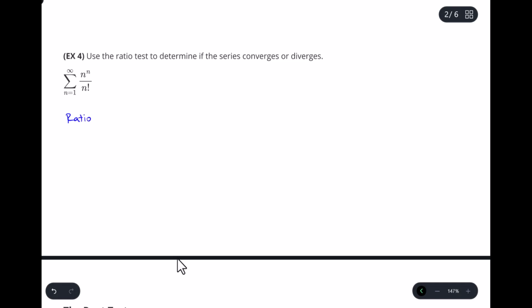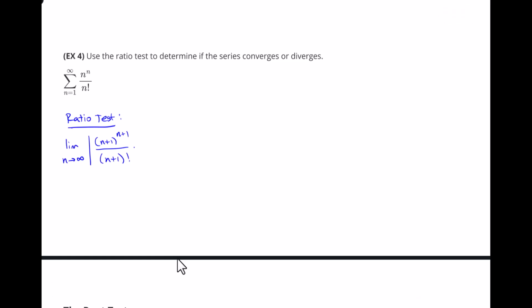So the ratio test might work here, because this should still have some of the properties of exponential functions. So algebraically, this should work out okay. For n to the nth power, the next term would be n plus 1 to the n plus 1th power, and in the denominator, that would be n plus 1 factorial. Then multiply by the inverse of this, so n factorial over n to the n.